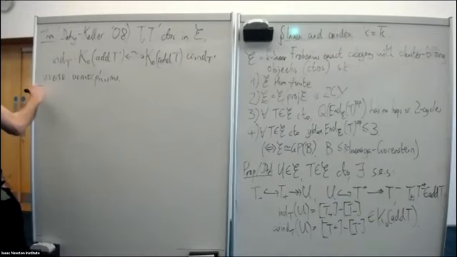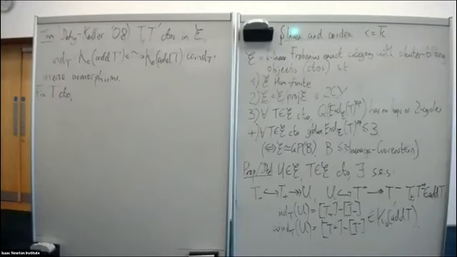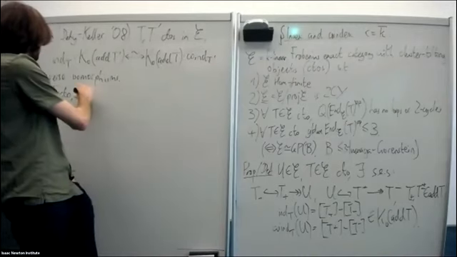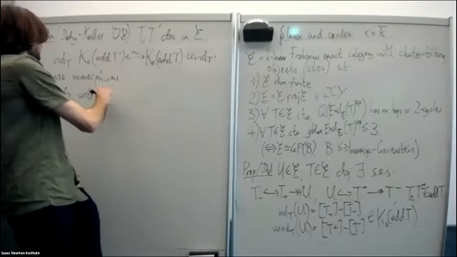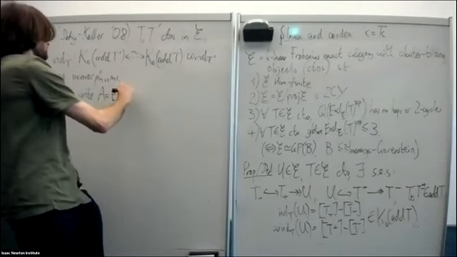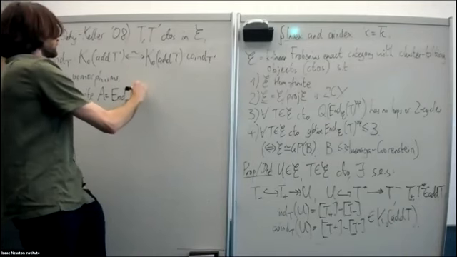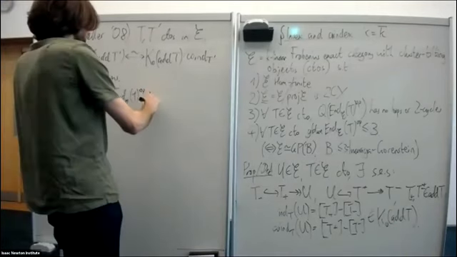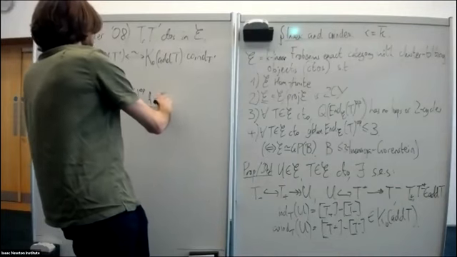Okay, so now for the rest of the talk, I'm just going to fix a cluster tilting object T. This is going to behave like my initial seed. A will be its endomorphism algebra. A underline will be its stable endomorphism algebra.